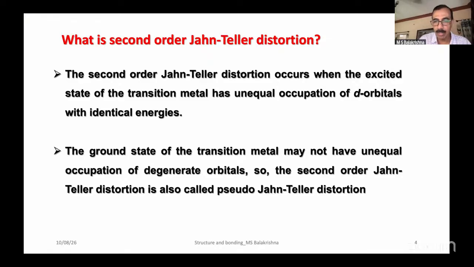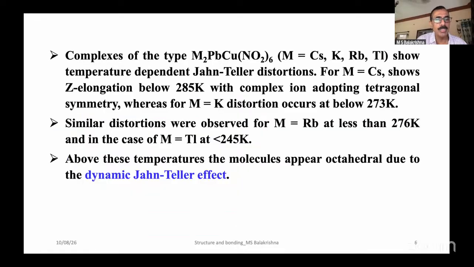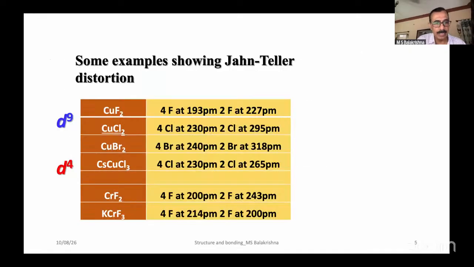For example, I have shown some examples, and all these examples, whatever I have shown, I have thoroughly discussed in my lecture. You can go back. And one more question was about the dynamic Jahn-Teller effect. If you notice in the slide shown here, for example, if you take KCrF3, okay, in this one, you will see Jahn-Teller compression.